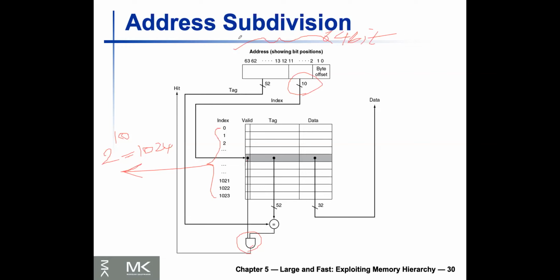Now, out of those 64 bits, we allocated 2 for the offset and 10 for the index. And that's why you have only 52 left for the tags, okay? So you can go this way as well to compute the tag. Even if the tag wasn't known, if you have only a 2-bit byte offset, 0 and 1, and then 10 bits for the index, the result would be 64 minus 2 minus 10, which is 52, okay?